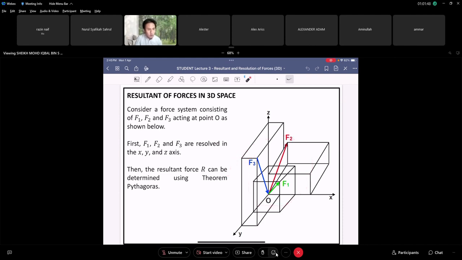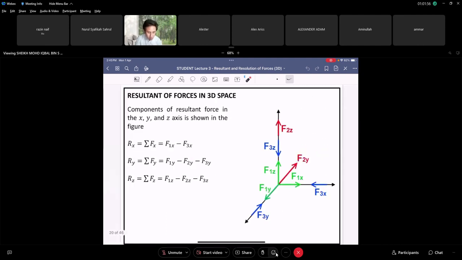So now we want to find the resultant force for F1, F2, and F3. Okay, so how do we find the resultant force? We just add them all up for that particular axis, right? So for the resultant force in the x direction, you add every force that is on the x plane, right? Every force on the x plane, you just add them all up.